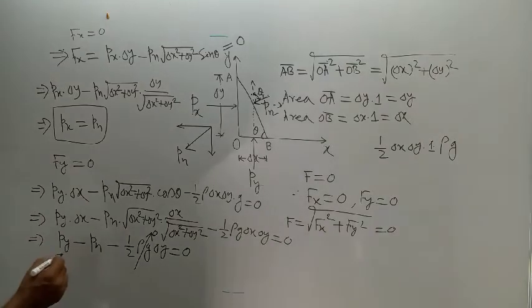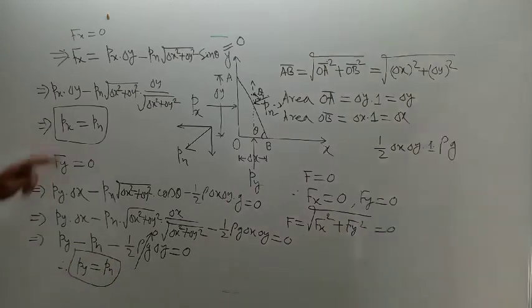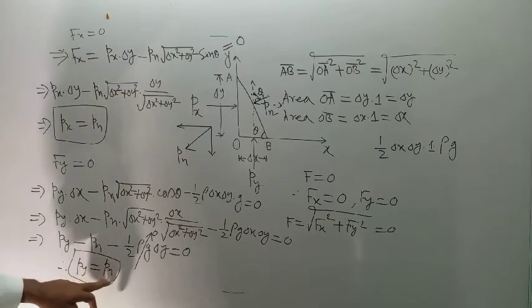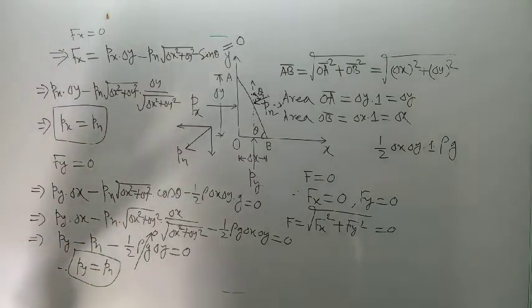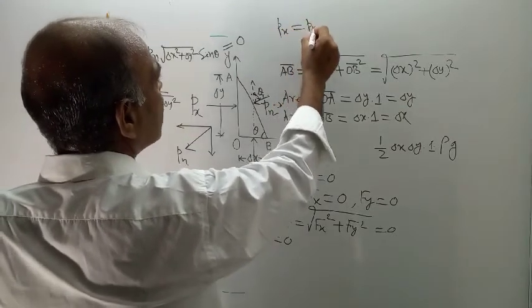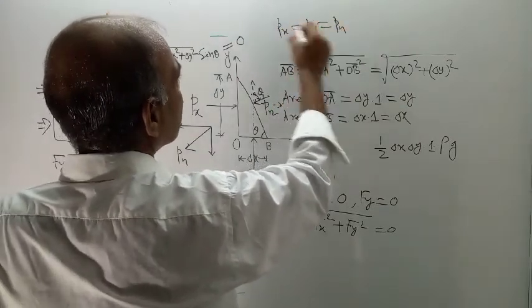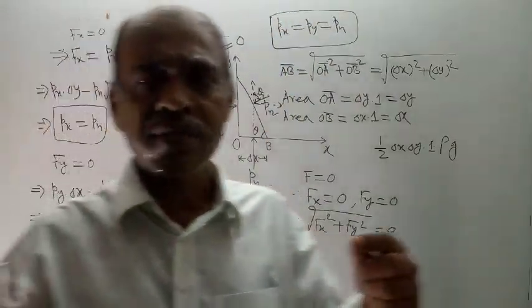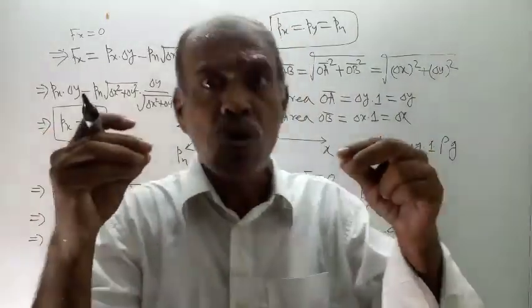So from here also we are getting Py is equal to Pn. Here we have got Px is equal to Pn, and here we have got Py is equal to Pn. That means ultimately we are getting Px is equal to Py is equal to Pn. So all the pressures are same when the size of the fluid element shrinks to 0.